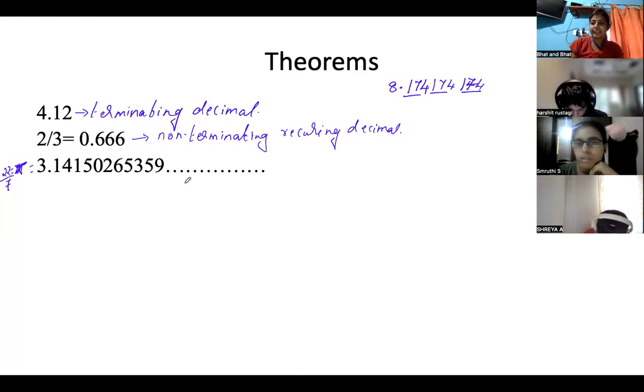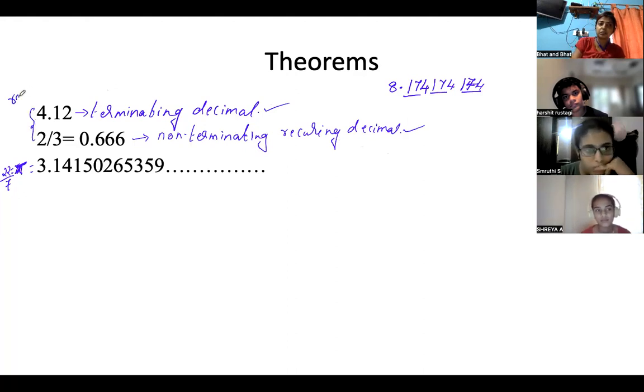So any decimal which is in the form of a terminating decimal or a non-terminating recurring decimal, both of these can be written as rational numbers. So these two are rational numbers.